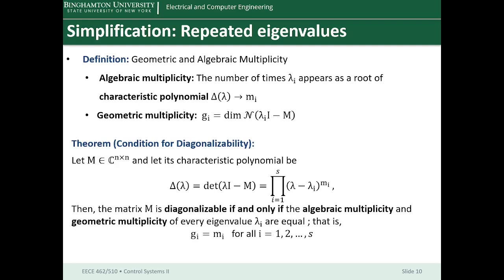However, if for at least one eigenvalue the geometric multiplicity is smaller than the algebraic multiplicity, diagonalization becomes impossible. In that case, we cannot make the matrix fully diagonal, but we can still transform it into a special form that looks almost diagonal. That special form is called Jordan form, and it's what we will discuss today.